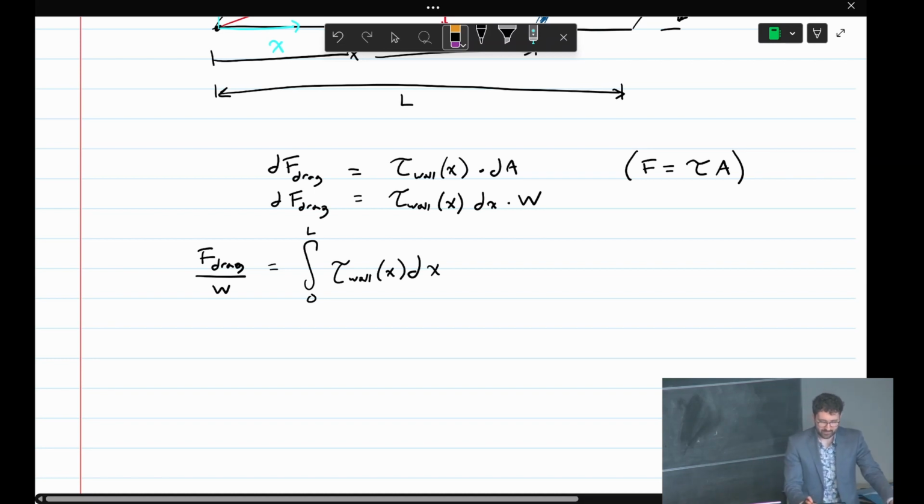The expressions I gave last class were in terms of the skin friction coefficient as a function of X. In order to get wall shear stress, we have to multiply that skin friction coefficient by one half rho U infinity squared, based on the definition of the skin friction coefficient.